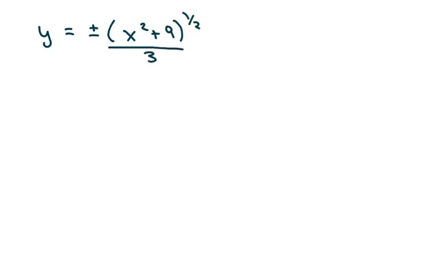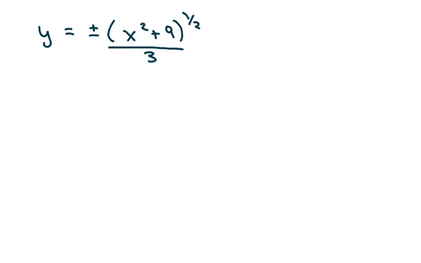Now we're going to explicitly differentiate. So let me write down the function first. We had y equals plus or minus. I'm going to go ahead and write this as x squared plus 9 to the 1/2 all over 3.